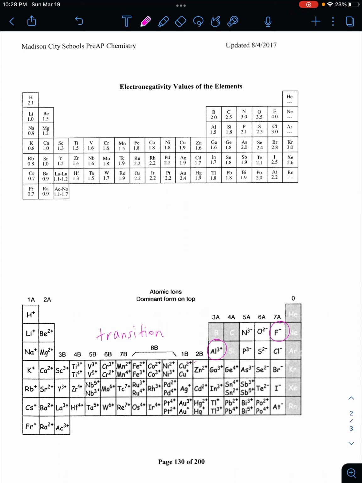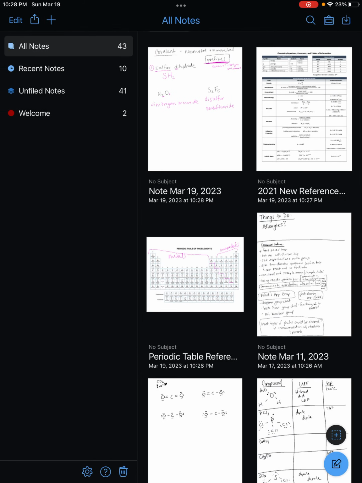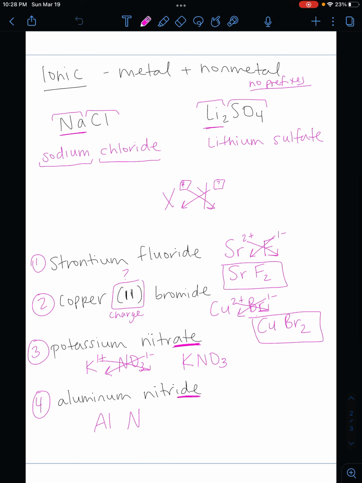So here's aluminum. Okay, it has a 3 plus, and then here is nitrogen. It has a 3 minus. So when I write those down, 3 plus, 3 minus. Okay, so when we crisscross, it looks like we should write it like this, 3 and 3.